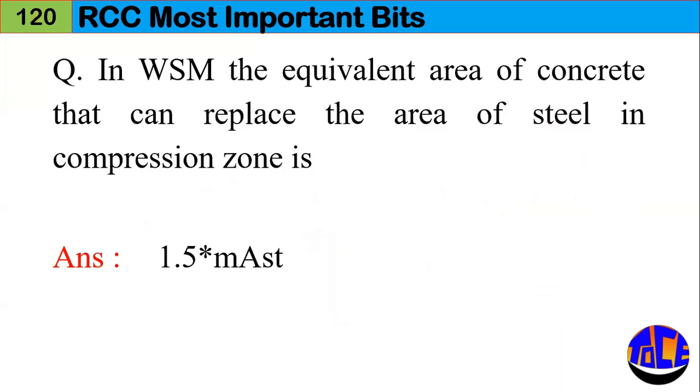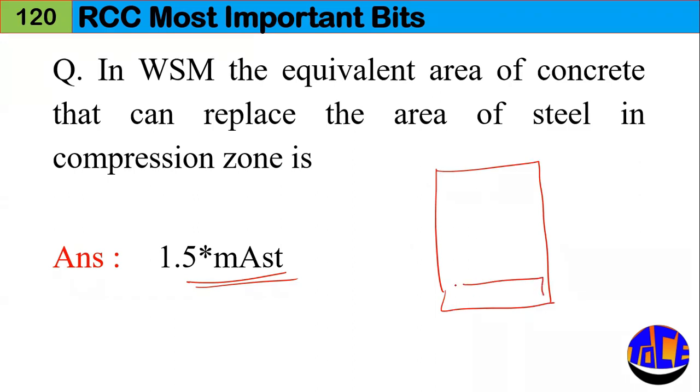Question number 120, the last question. In the working stress method, the equivalent area of concrete that can replace the area of steel in the compression zone is 1.5 times M into AST. Initially we discussed that for a singly reinforced section, you have steel only in the tension zone. That steel should be replaced with an equivalent concrete area by M into AST, right?